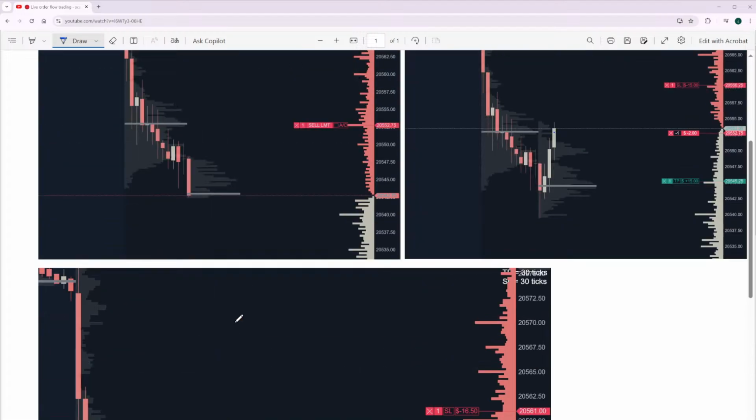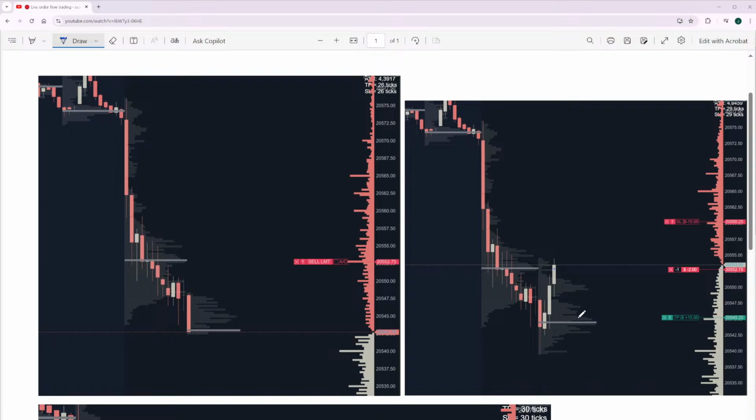And on the very first image here, we saw that the volume point of control by the time this 1 minute bar started was actually down here. That tells you the sellers that came down here were met with a lot of volume, and that volume managed to push price back up into the range, meaning there is definitely a buyer sitting down here.